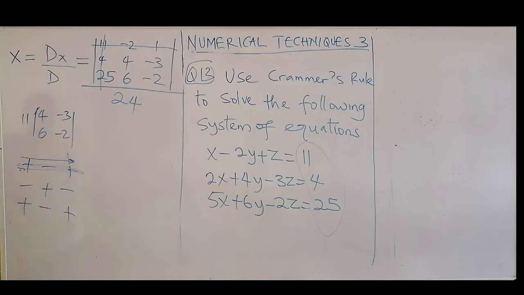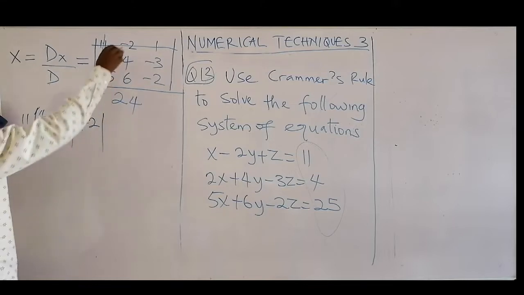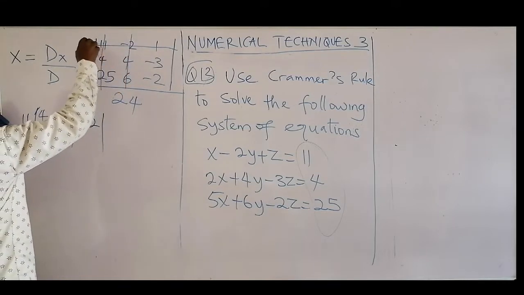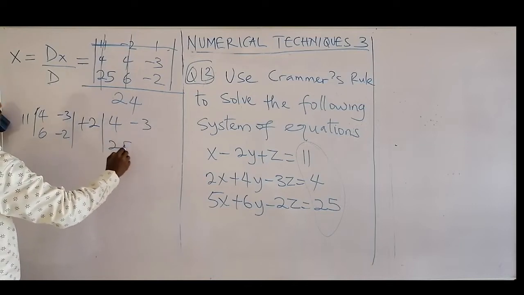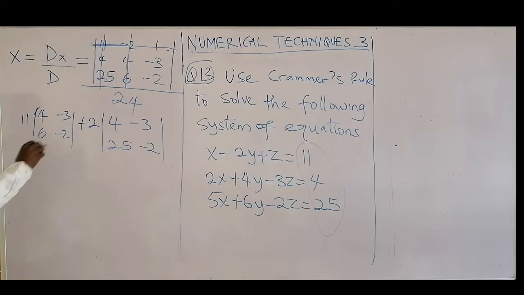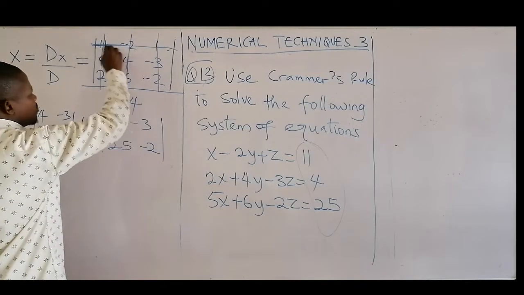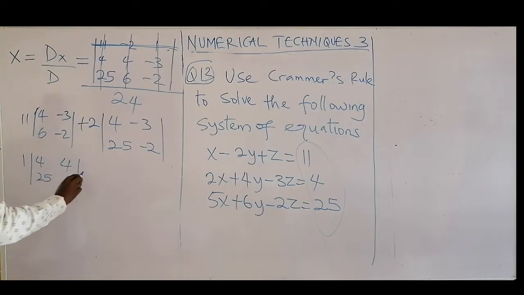So that will become plus 2 into bracket. Do the same thing, close vertical and horizontal. So I have 4, -3, 25, -2. And the final one for the 1, close it vertical and horizontal. So that is 4, 4, 25, 6.